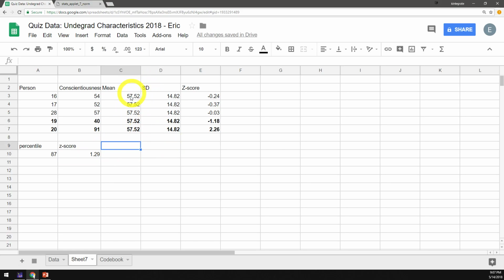And remember, our mean is still the same. The mean is 57.52, and our standard deviation is 14.82. We want to determine our predicted x, using our standard deviation and our mean. We'll go look at that formula just to jog our memory.